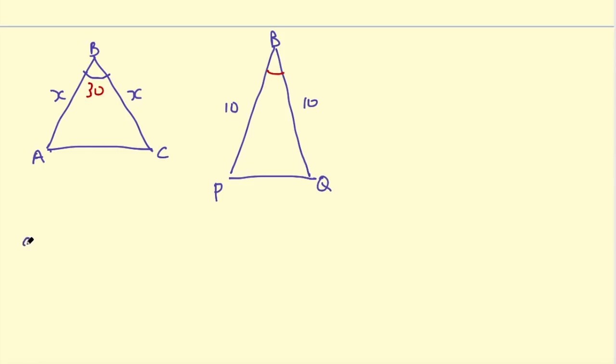So let's see, a squared equals b squared plus c squared minus 2bc cosine A. Well, here, this is the side A, so we're going to say AC squared equals b squared plus c squared.